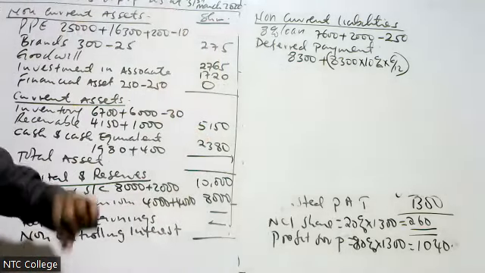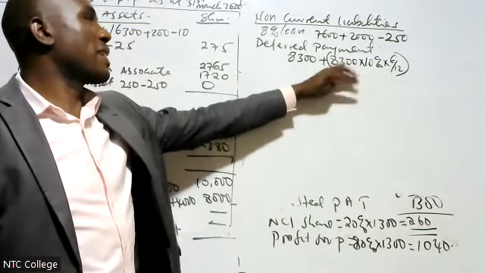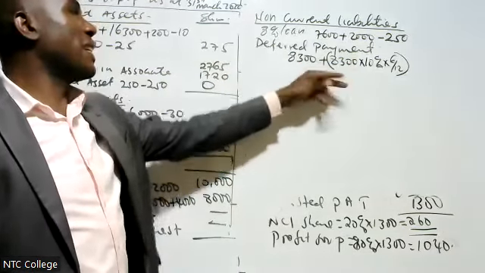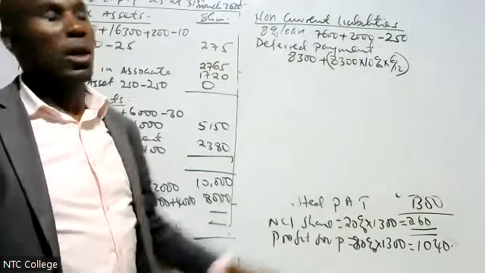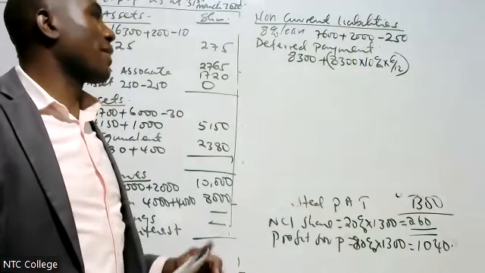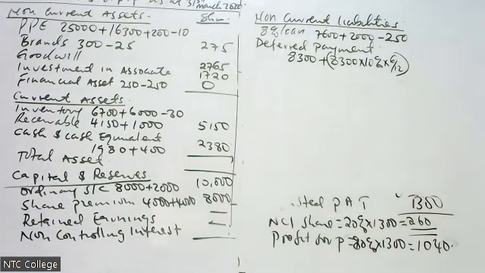Remember, I have the money that I have not paid, and the interest is 10%, therefore I'm also adding the interest. 83 plus the interest that will accrue on that at 10% for 6 months. We consolidate that item like that. Deferred payment, we have not accounted for it, therefore we have not included it in our liabilities.